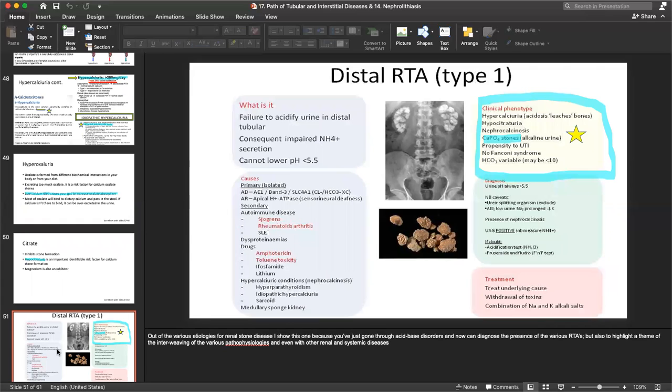So distal renal tubular acidosis type 1 forms an alkaline urine, so greater than 5.5 pH, and it's going to have calcium phosphate stone formation.